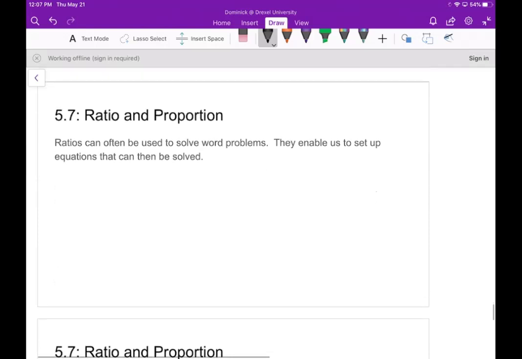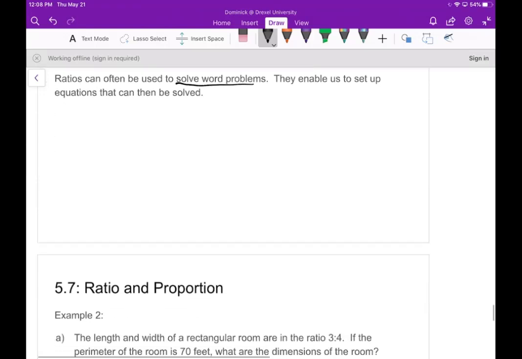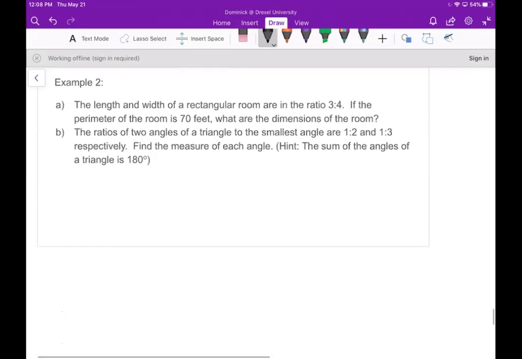Now, ratios have a wide application of use, especially when it comes to word problems. They allow us to set up equations that can be solved. For example, in part A, we're told that the length and width of a rectangular room are in the ratio 3/4. Let's say this is the width and this is the length, so that it's somewhat to scale.